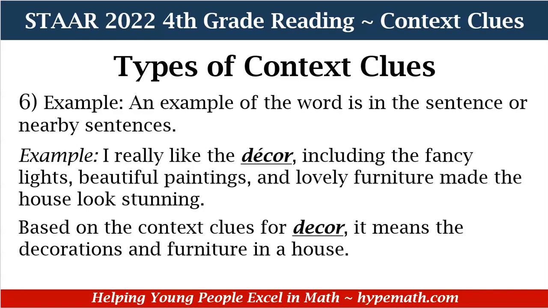Based on our context clues for decor, we know it means the decorations and furniture in a house. How do we know that? Well, we saw decor, and then it said including. That means the decor includes fancy lights, beautiful paintings, and lovely furniture.